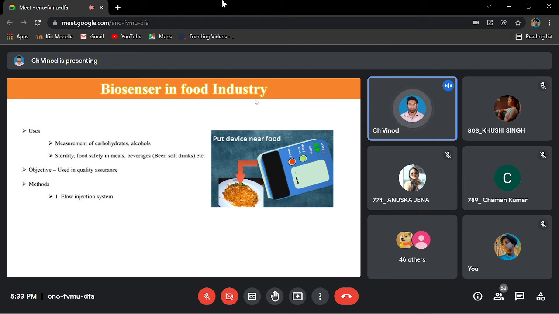If somebody has drunk too much, then the reference value is crossed, and that's what the police are worried about. So they keep you aside and say that it's not safe to drive. You better stay here and go home later. So we have different types of devices that can look at the contents in the liquid, in the food or the beverages.